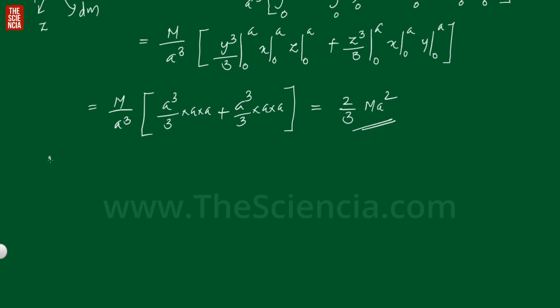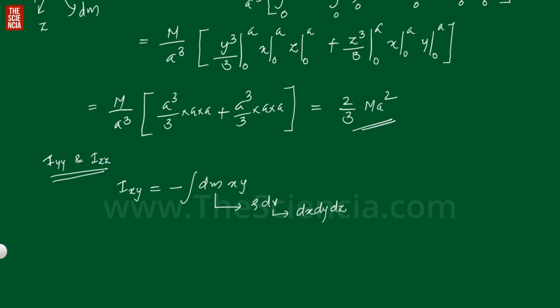Now you do Iyy and Izz by yourself. Now I am going to tell how to solve for Ixy. You know Ixy is equal to minus the integral of dm x y, and our dm is rho dv. Here the volume element dv is dx dy dz, right?